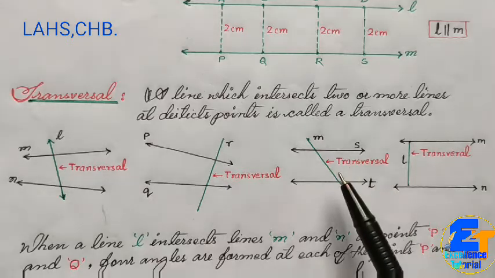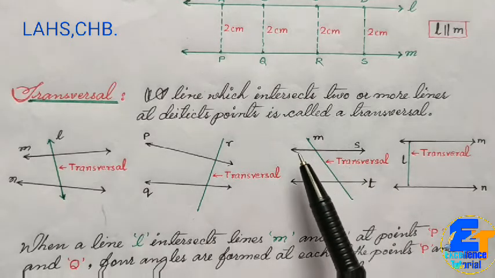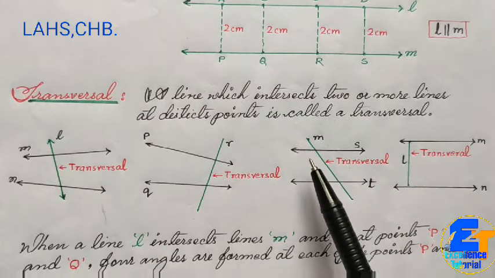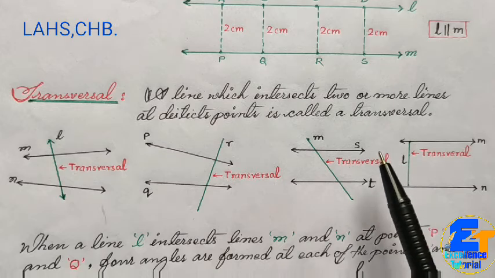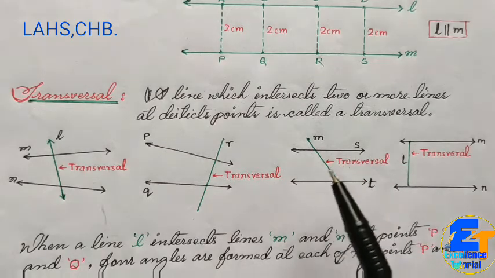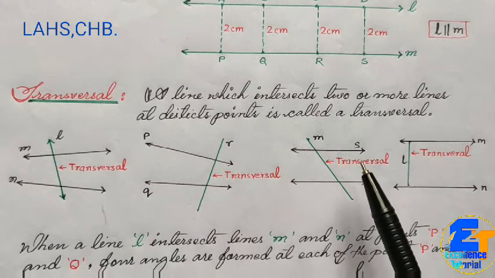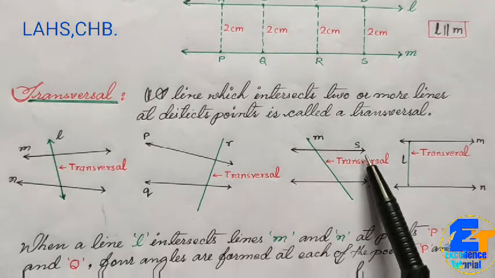It is very simple to identify parallel lines: on producing two given lines in any one direction, they should not intersect at any point. Then we can say the lines are parallel to each other.